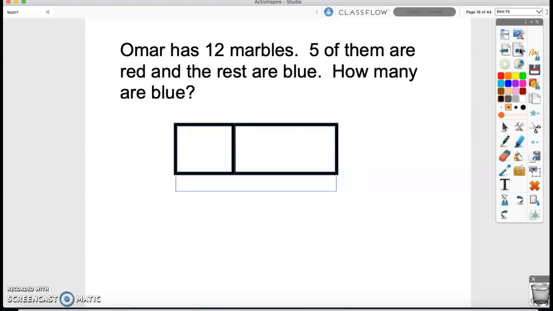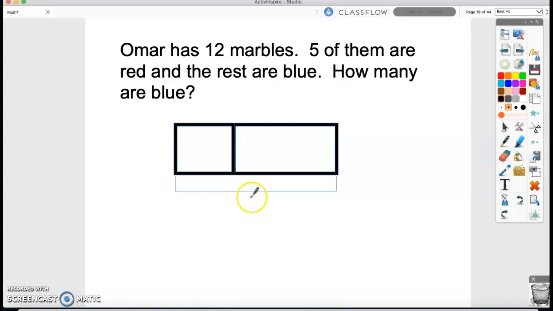Let's try the last one. Let's read what it says. Omar has 12 marbles. 5 of them are red and the rest are blue. How many are blue? So it says he has 12 marbles.